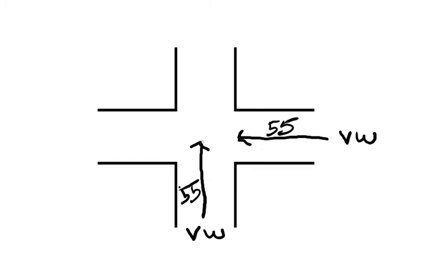Where is the wreckage from this collision going to occur if the collision happens right there in the middle of the intersection? If you add the two vectors together, you're going to expect the wreckage to wind up somewhere right around there. So what we did is we added this vector plus this vector, and the wreckage of this accident winds up there.